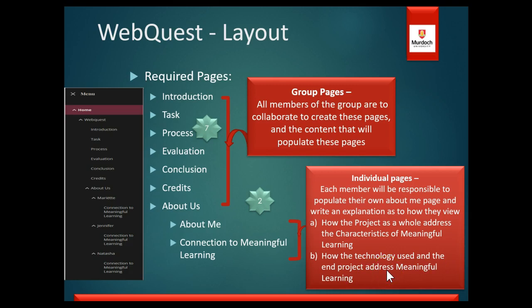Remember those 5 elements, and you need to address all 5 elements within this section. And this is your own opinion about how the project as a whole addresses meaningful learning, and how the technology you used in your view addresses it. And each student's will be different.